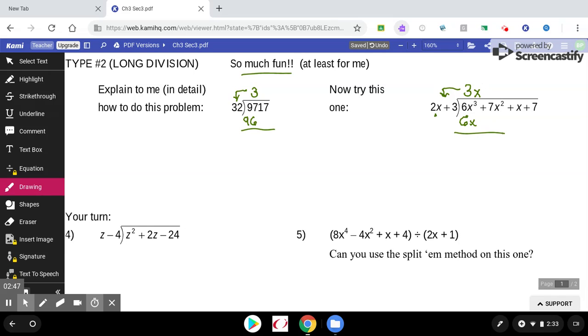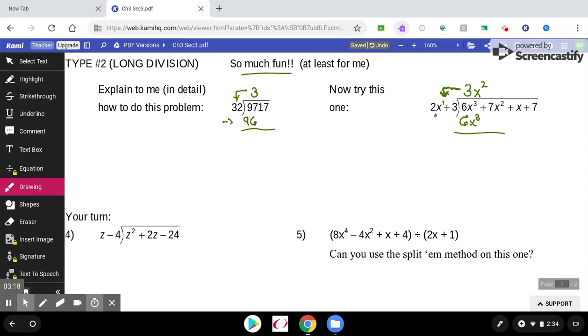You can probably figure out how many, but here's a really easy way of remembering: if the original problem had x to the third and we're dividing by x to the first, wouldn't it make sense that it would have to be x to the second? Now check this out. If I multiply 3x to the second times 2x, I get 6x to the third, and they match, just like over here the 9s match.